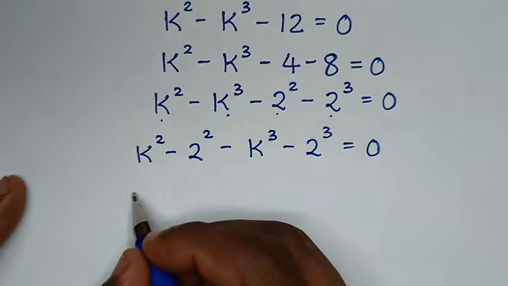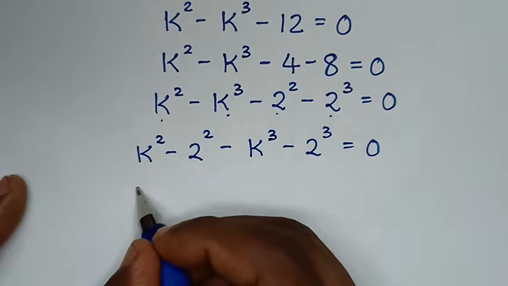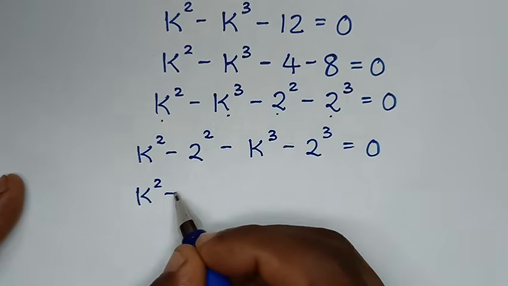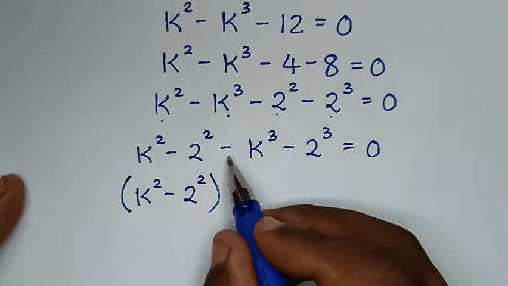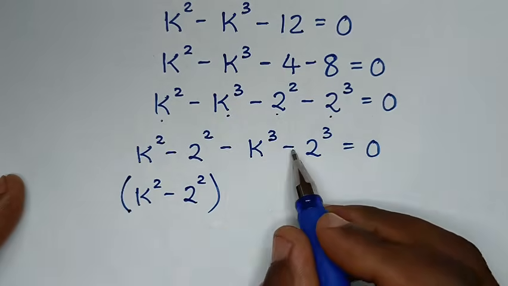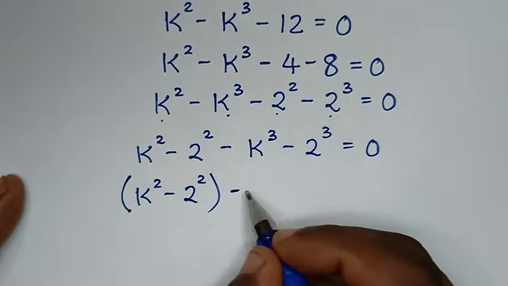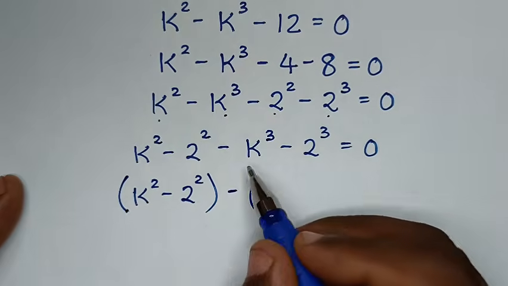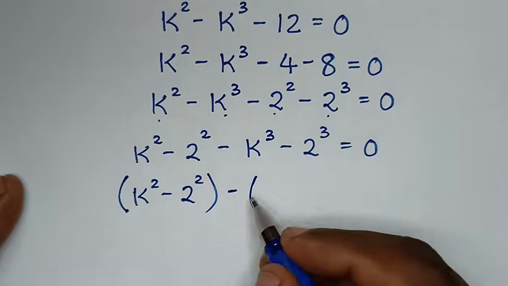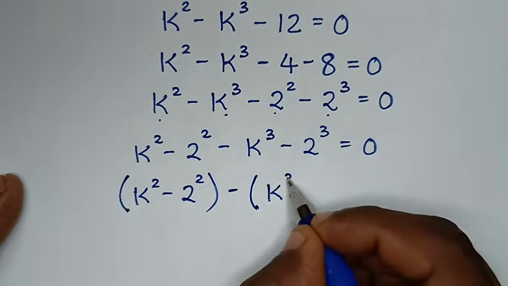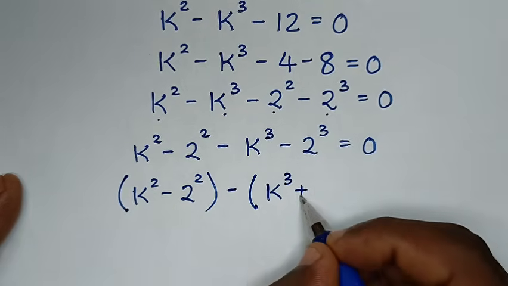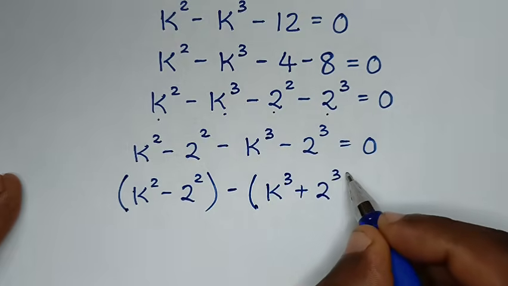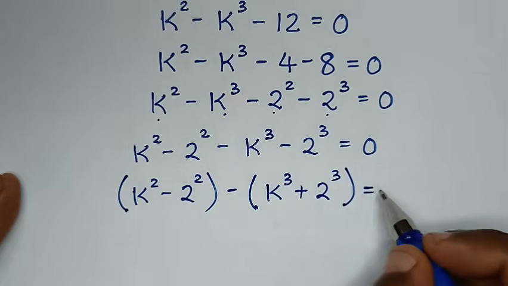Then here, we place inside the bracket, so it will be k² minus 2² bracket. Then here inside the bracket, negative is common, so we'll take negative outside the bracket. So it will be minus, k³ divided by negative is positive k³, minus 2³ divided by negative is plus 2³, bracket is equal to 0.